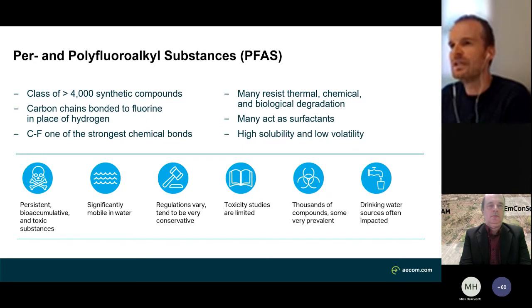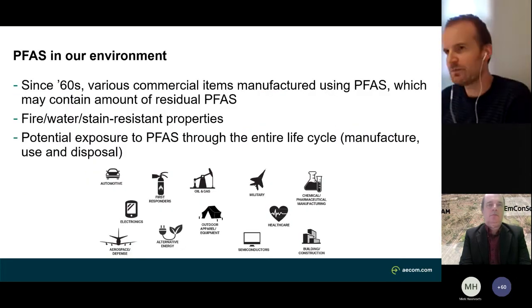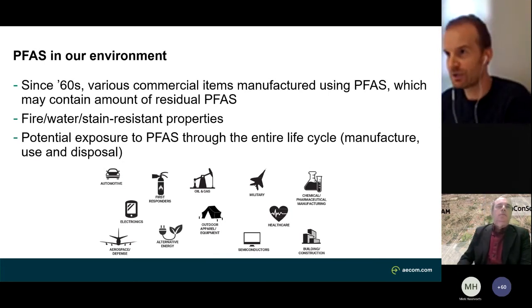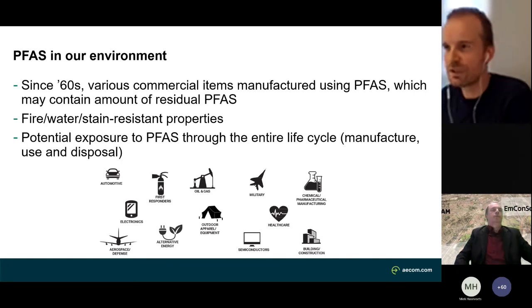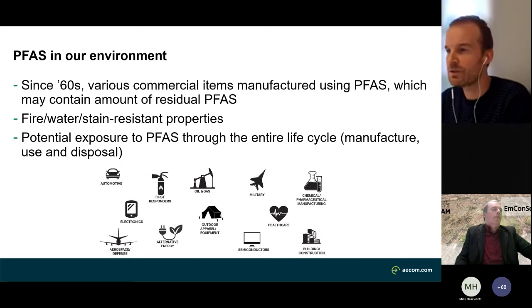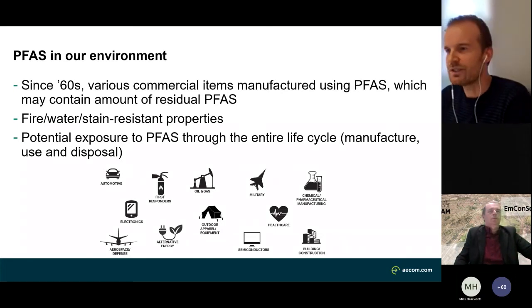The first one is that PFAS is everywhere in our environment. Since the 60s, it's been used in various commercial items. They are manufactured using PFAS, and that means that a lot of those commercial items could still contain amounts of residual PFAS. PFAS is mostly used for its fire, water, and stain resistant properties.